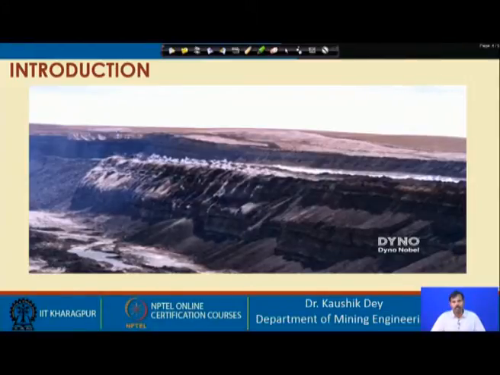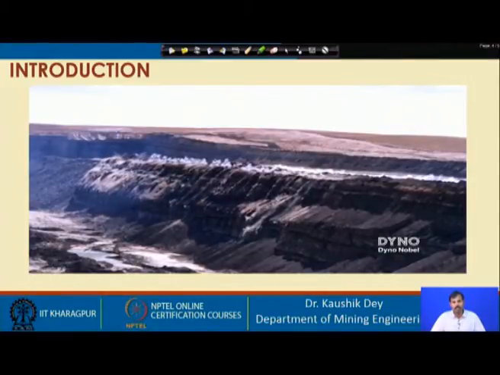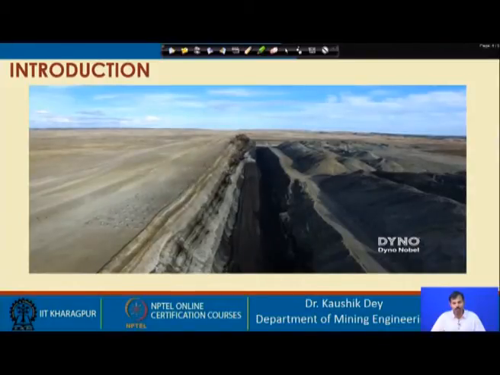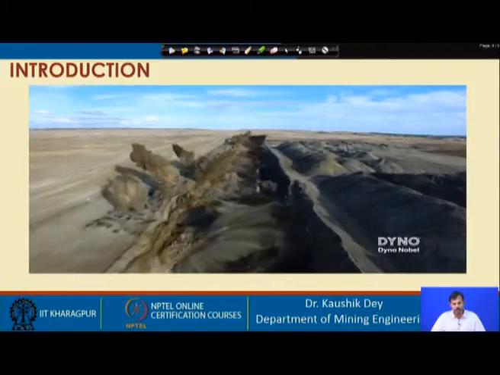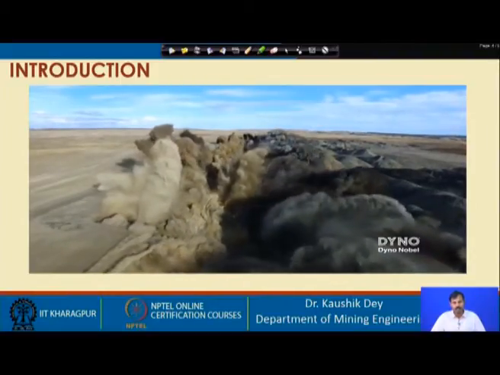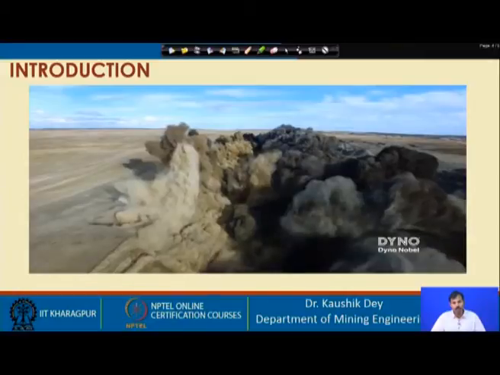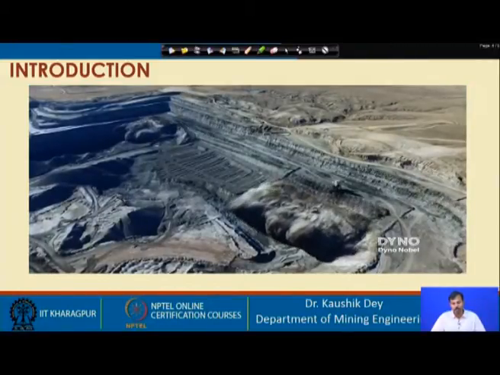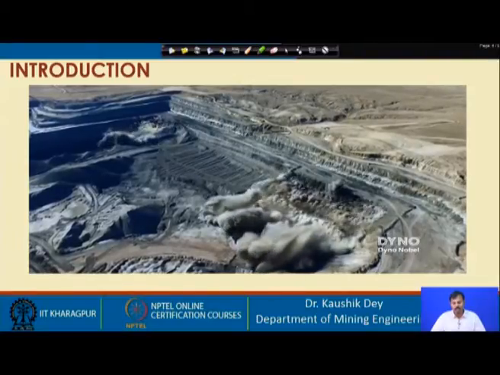That is why we are able to see the movements of the different rocks, the movements of the individual fragmented boulders, and the movements of the gases. Even the movement of the shocks by wave propagation in the ground is very visible in this case.